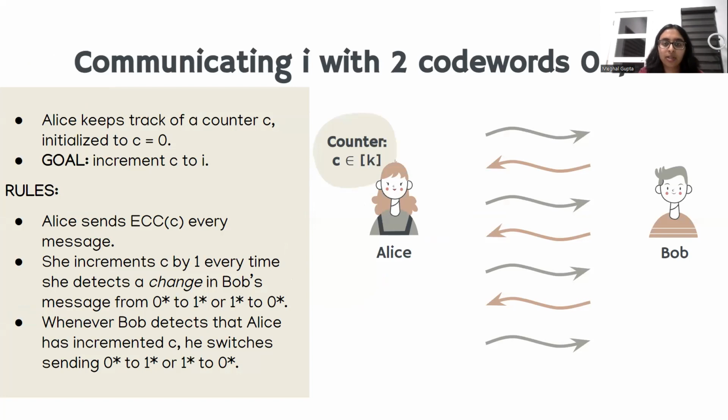What's going to happen is Alice will keep track of a counter C that is initialized to 0, and Bob will use multiple messages to try to increment this counter to I.